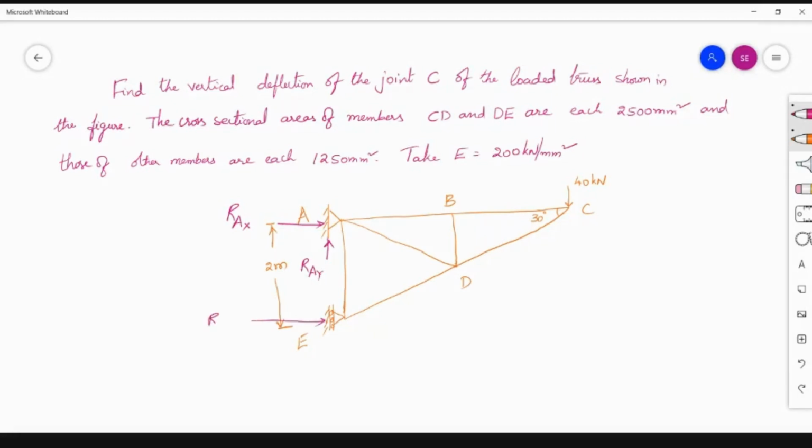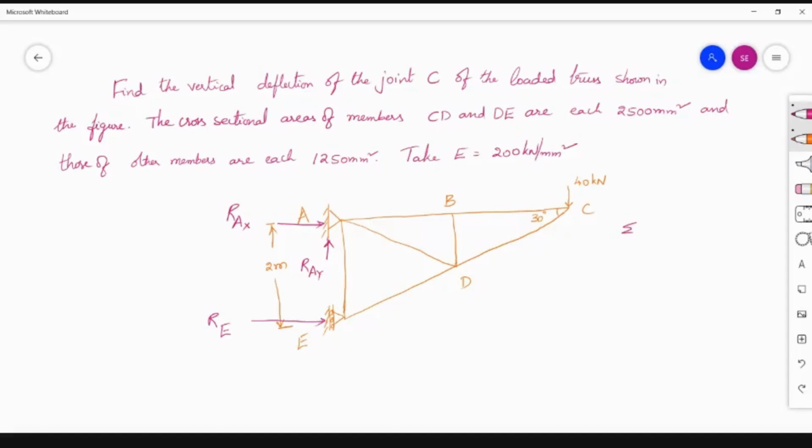Here this is RE. A roller support has only one reaction, whereas at the pinned or hinged support, the reactions are 2.